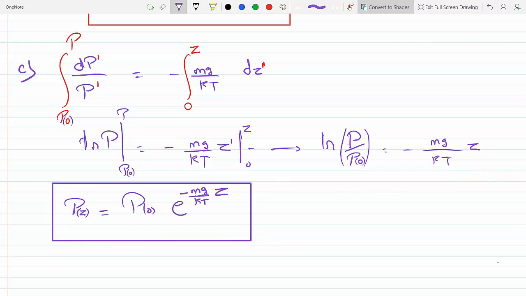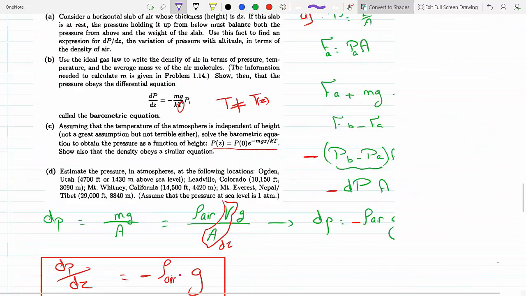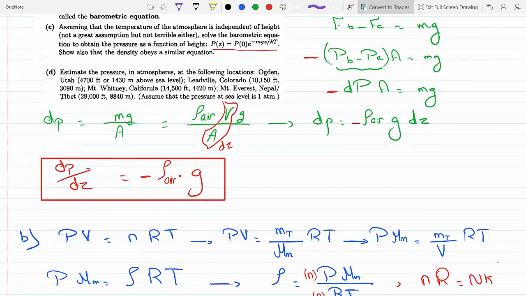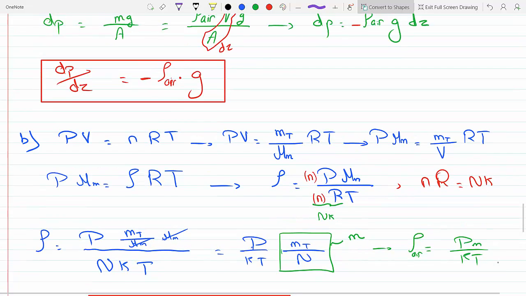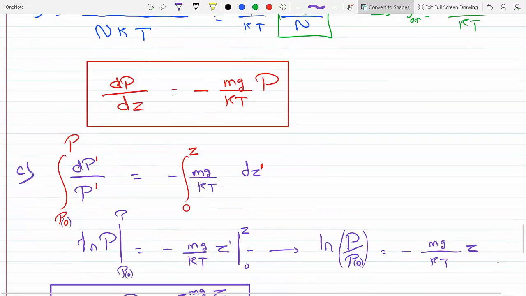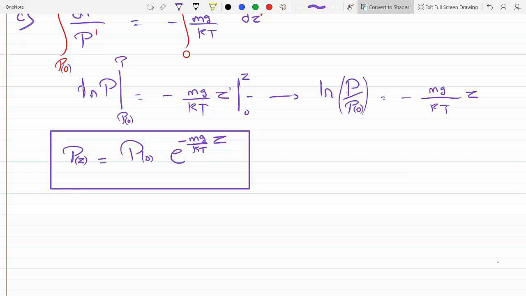And then it says show that also the density obeys a similar equation, right? Well, in part A I proved that the density is proportional to dP over dz. So using my first equation from part A, what would dP over dz be?